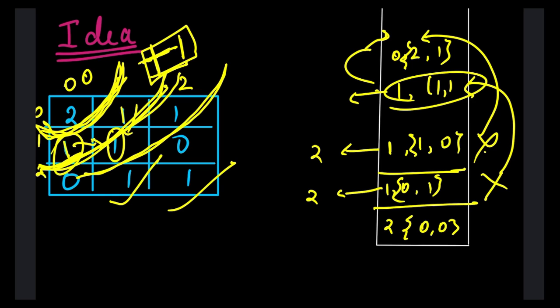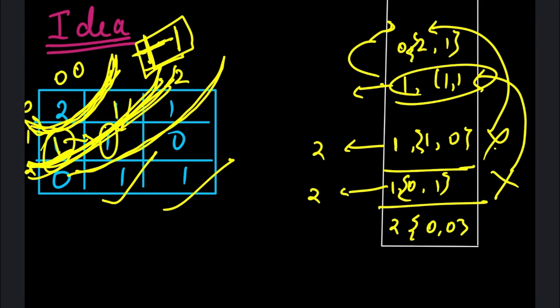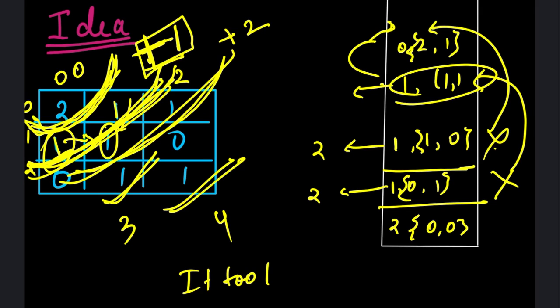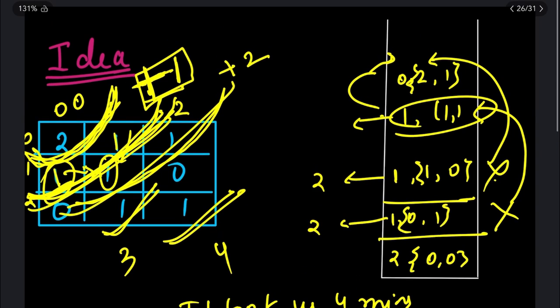Like here it was 0 minutes, came here and incremented the count as plus 1, then plus 2, and then 3, and then 4 here. So it took us 4 minutes to make all these oranges rotten, right?